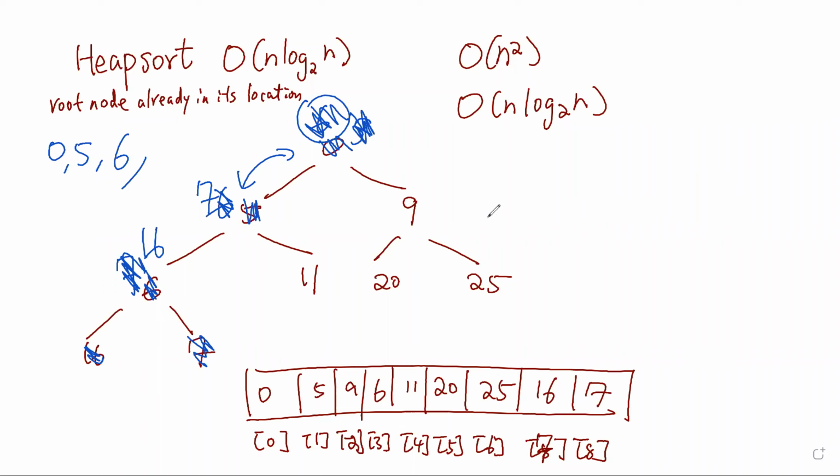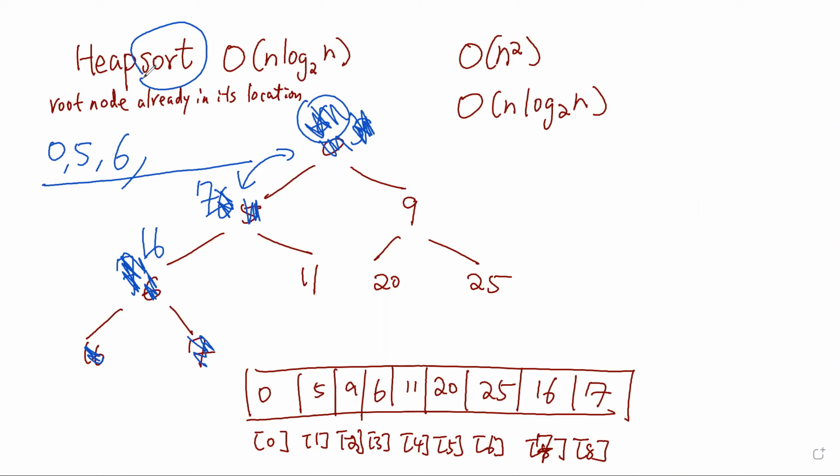After you remove all the nodes, the output is going to be arranged in ascending order or descending order, based on how you build the tree. So you can see if we apply what we just discussed, you can sort all of the items.